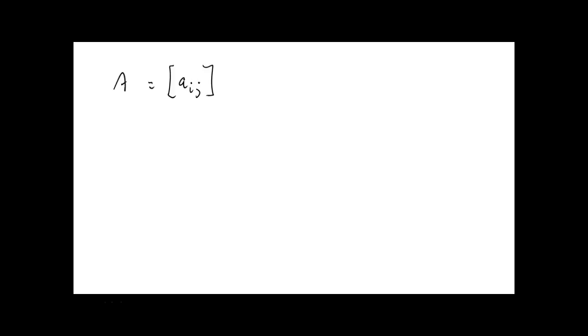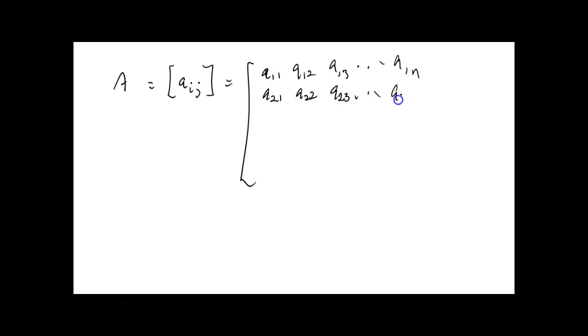The other way to represent it, I was hoping not to have to write this, but I'll write it. A11, A12, A13, dot, dot, dot, to A1n. A21, A22, A23, dot, dot, dot, up to A2n.